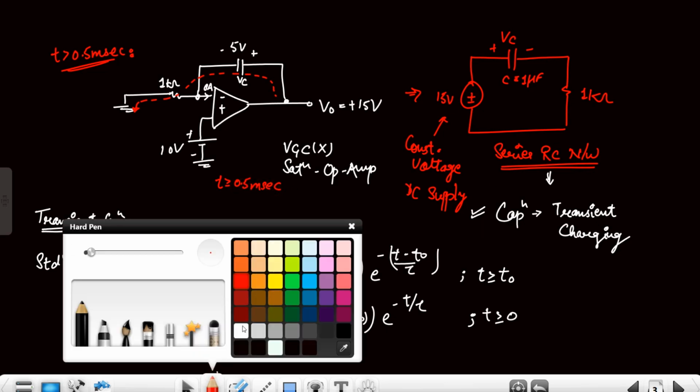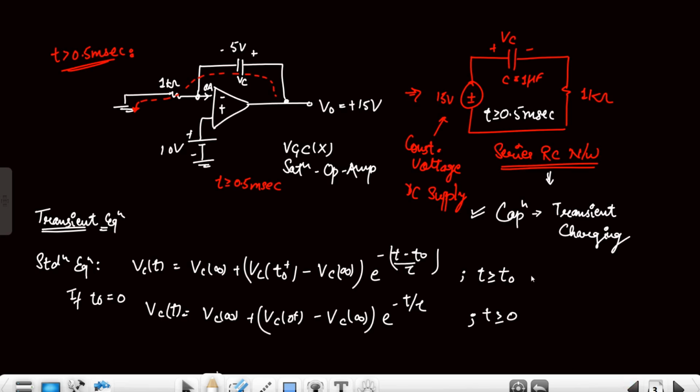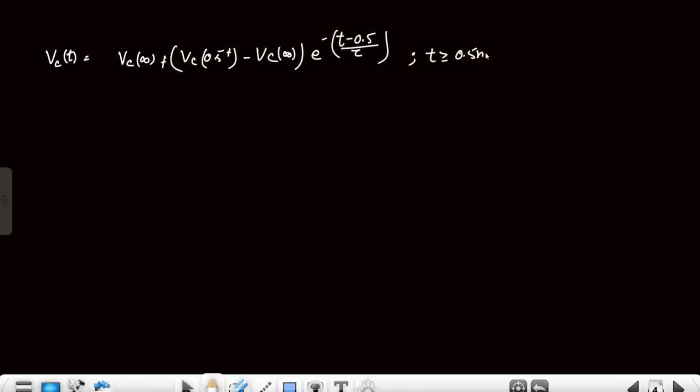So the transient equation of this capacitor voltage, we will write like this. This is the form of the transient equation with finite switching, because switching has happened at a time other than 0, that is the t0 time, and the circuit condition here is also something like this. So VC(t) is equal to VC of infinite plus VC at 0.5 minus VC infinite, because it is the circuit after 0.5 millisecond, and exponential raised to power minus of (t minus 0.5) divided by time constant. This is the equation valid after the 0.5 millisecond.